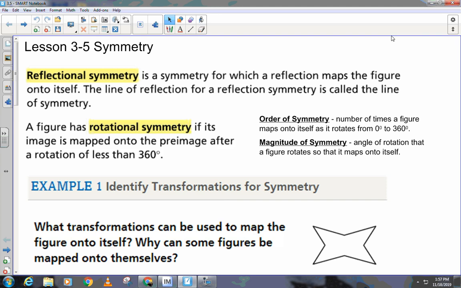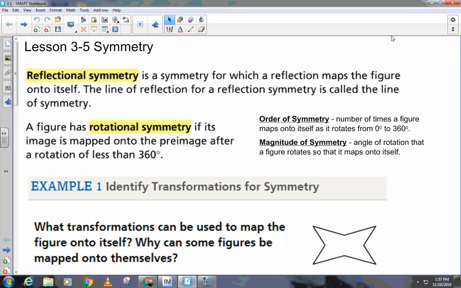Okay, so we're talking about symmetry today, and you can find symmetry in all different kinds of places. There's a couple different types we're going to talk about. The first one is reflectional symmetry. Reflectional symmetry is symmetry in which a reflection maps the figure onto itself. The line of reflection for reflectional symmetry is called the line of symmetry.